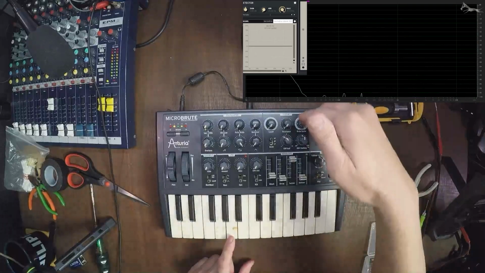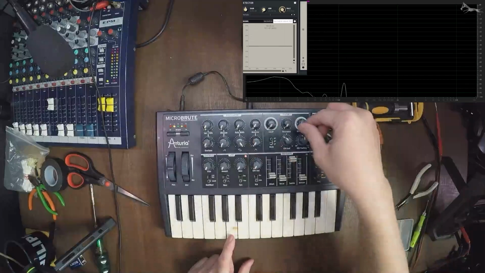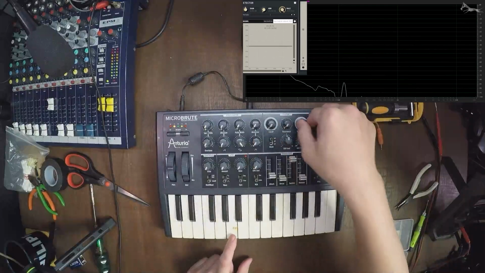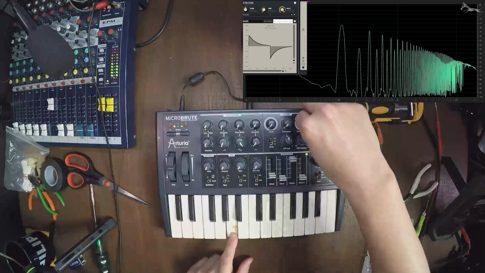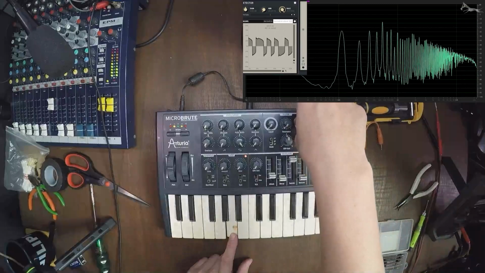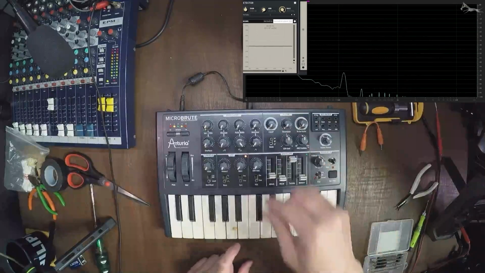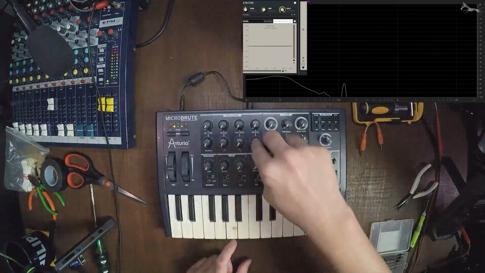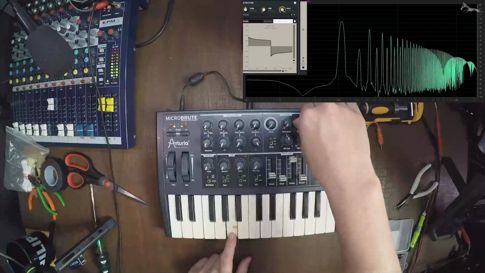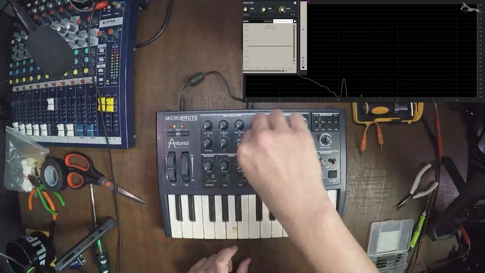A little bit smooth, a little bit abrupt, but somehow still smooth on the transition. Sorry, turn down the envelope amount. Yeah, I could live with that. Let's try the triangle. Yeah, that's smooth.